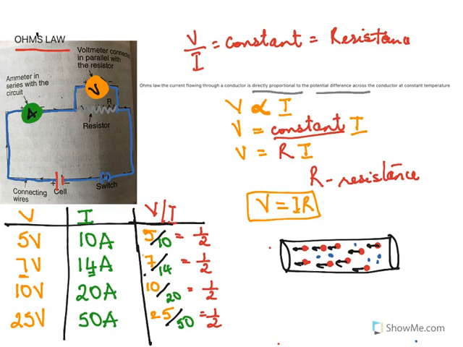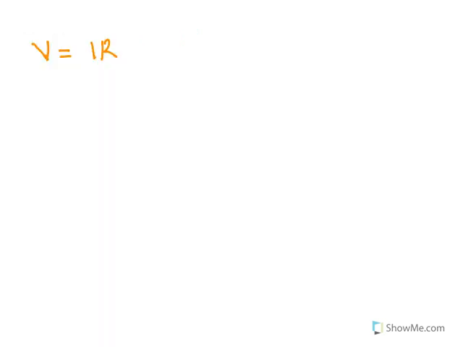Ohm's law says V equal to IR. So if V equal to IR, then I will be equal to V over R. That means I is equal to voltage, not current, voltage over resistance.